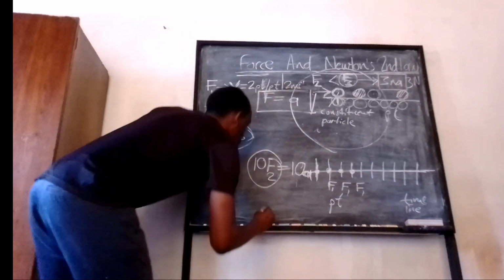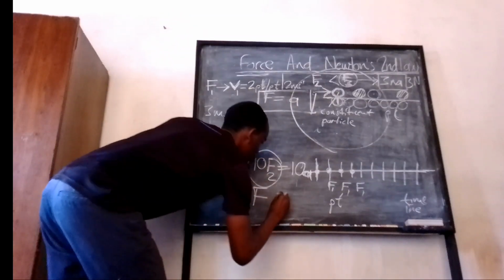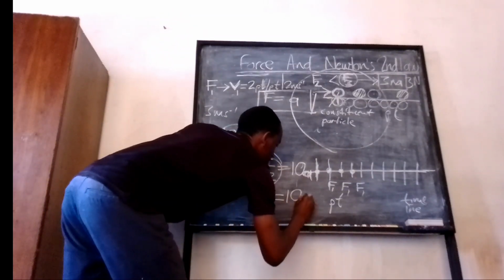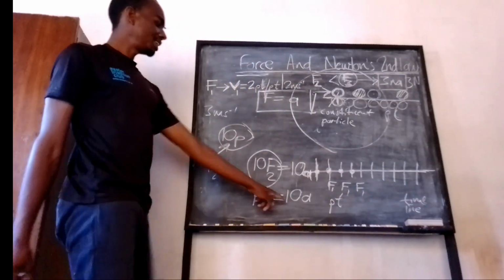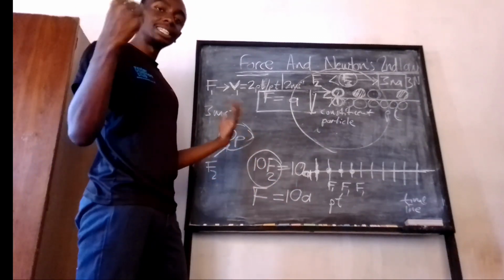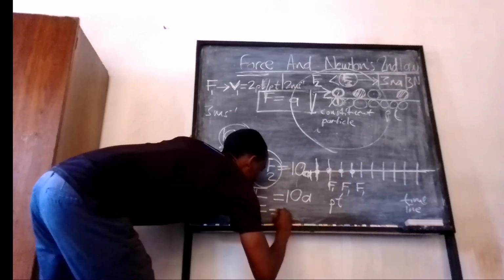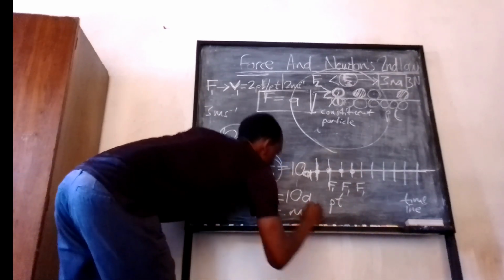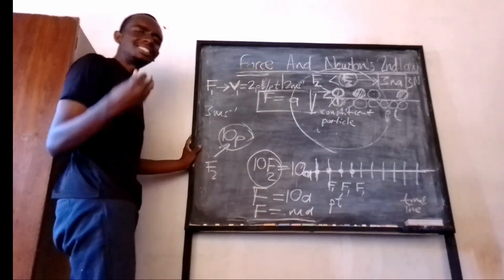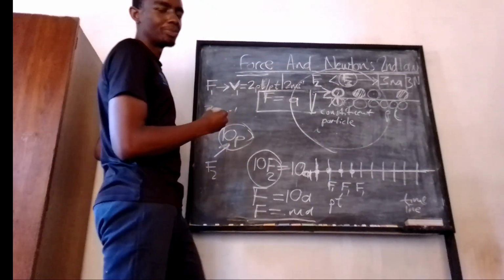This we then call the net force, F. So we've got F is equal to 10a. But 10, remember, is the quantity of the matter, which we can represent by a letter m. Then we've got F is equal to ma. That is where F is equal to ma comes from.